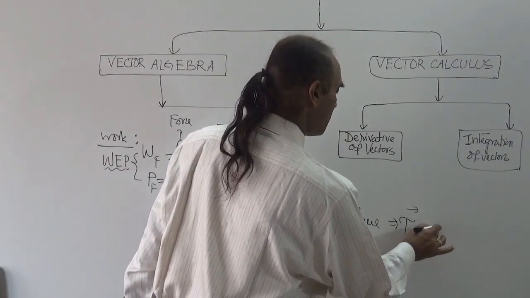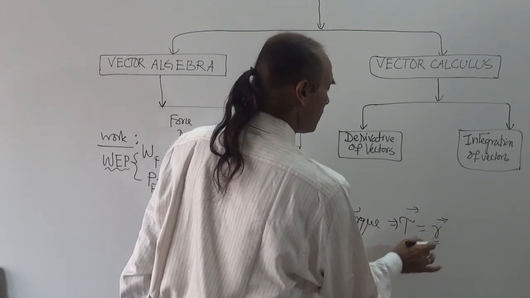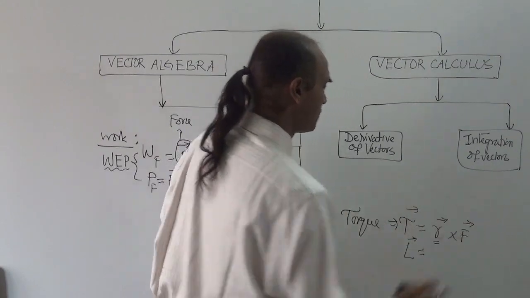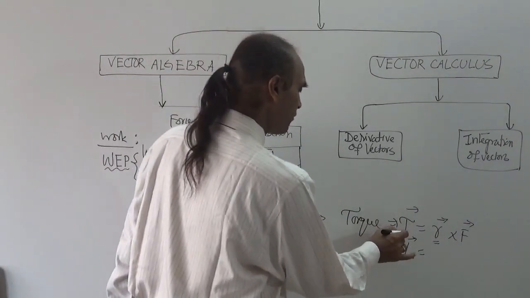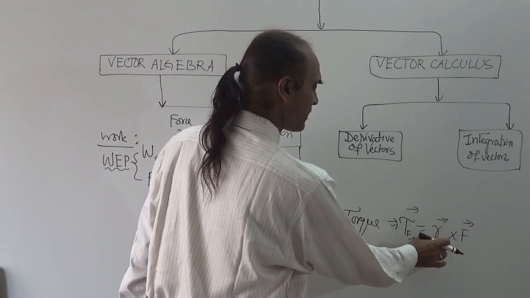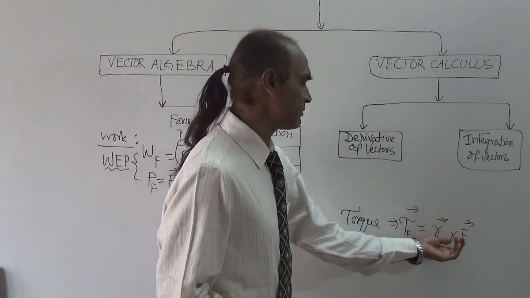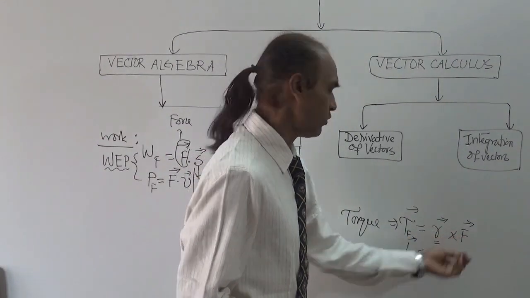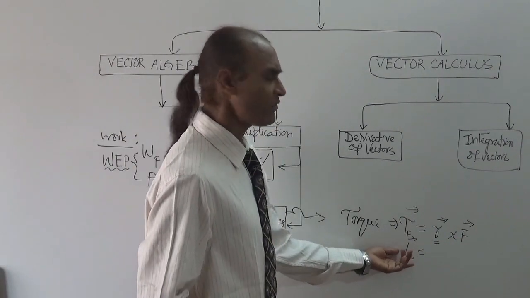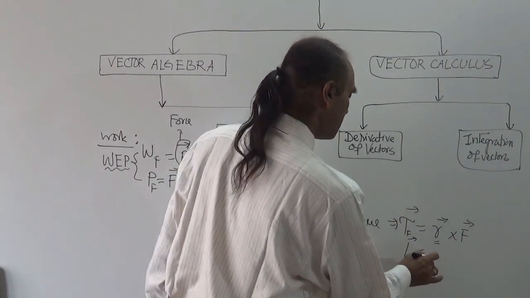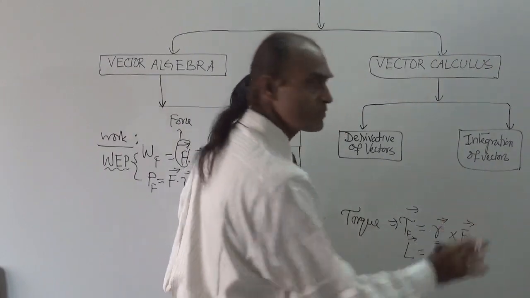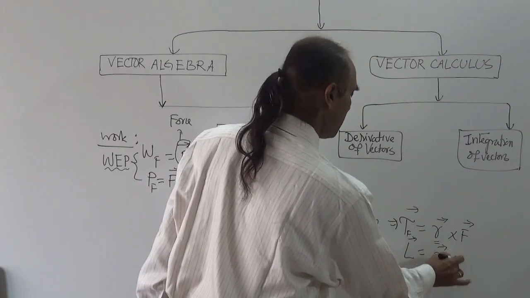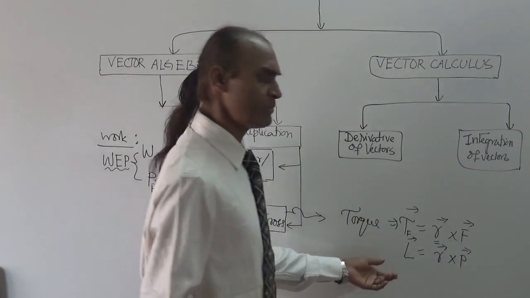Torque is defined as a product of the position vector and the force. The torque applied by the force is given as the position of the point of application of the force with respect to the origin, crossed with the given force. The angular momentum of a particle with respect to a particular origin can be given as the position of the particle with respect to the origin cross the linear momentum of the particle.